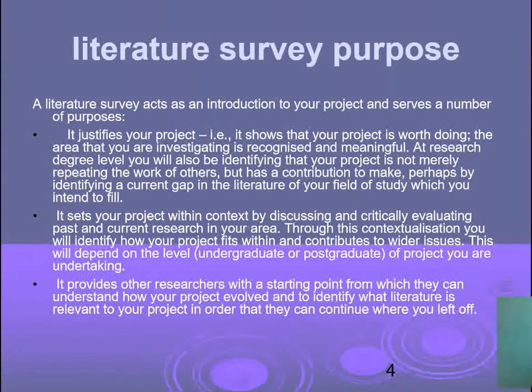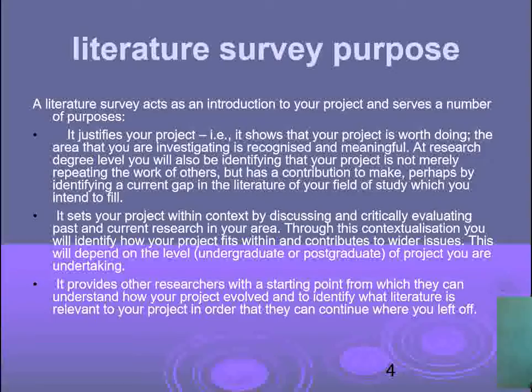So this literature survey also evaluates your work with regard to the past research in the field of your choice and also the current research which is in context with your area of specialization, be it undergraduation or post-graduation.